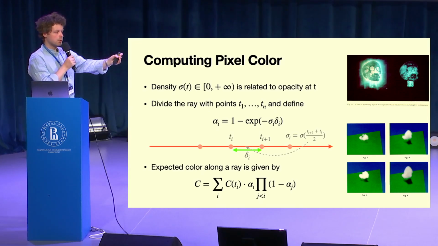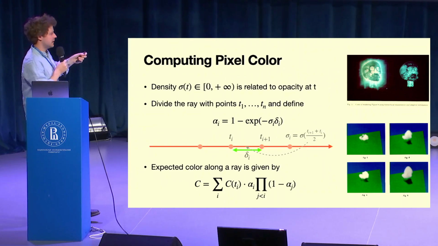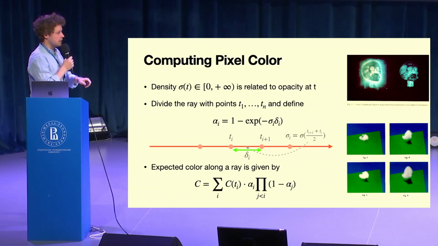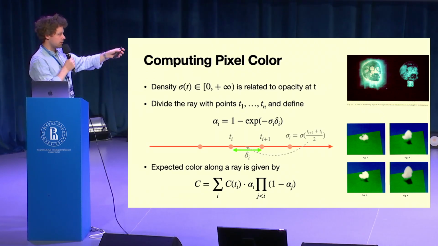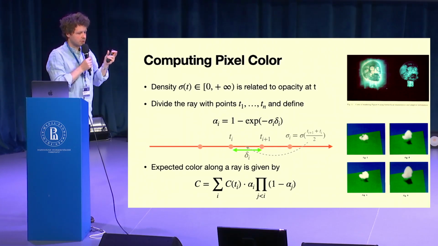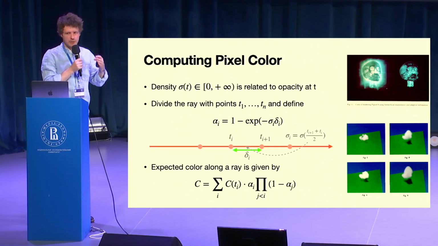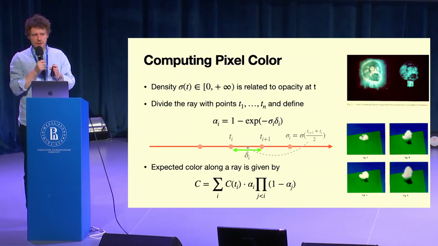So if all positions before i are transparent, then position i will contribute with weight alpha i, color C of t_i. And if we go after a non-transparent point, we will encounter a 0 term in the product, and the overall weight will be 0. So this algorithm models this effect.